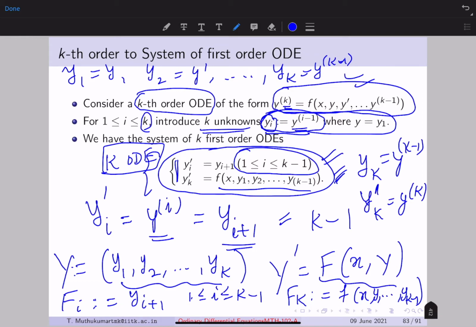So this is your first order system of ODEs.